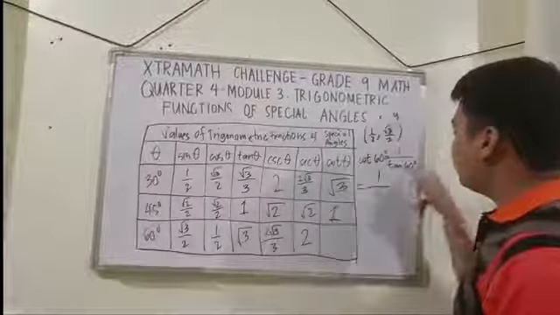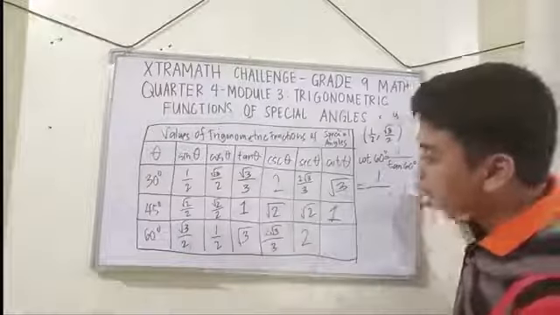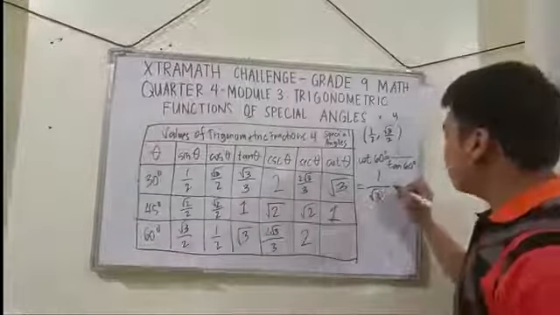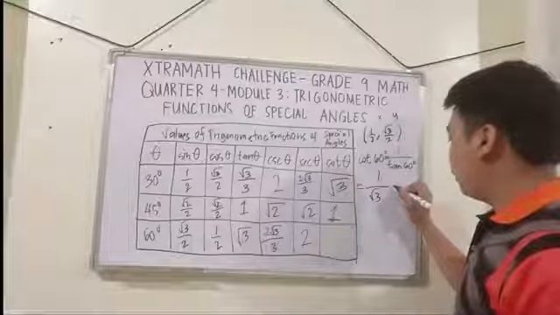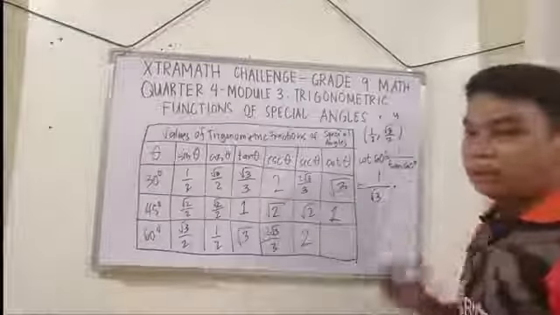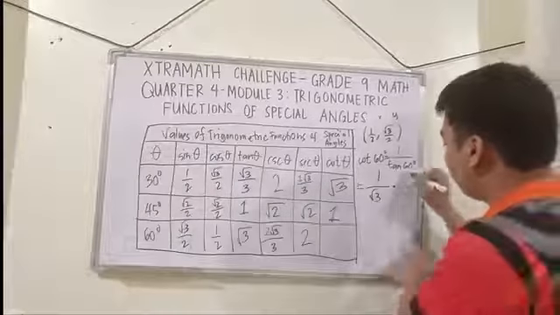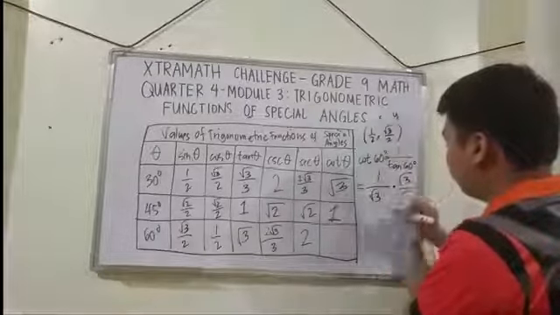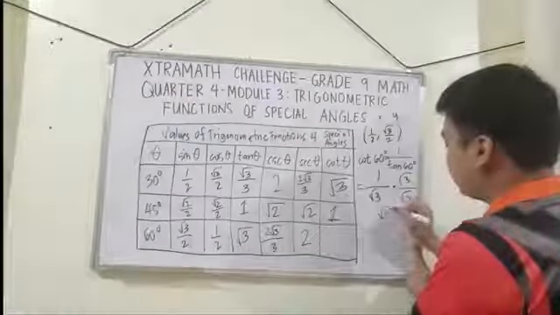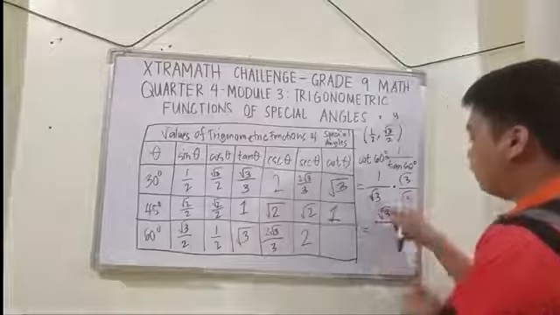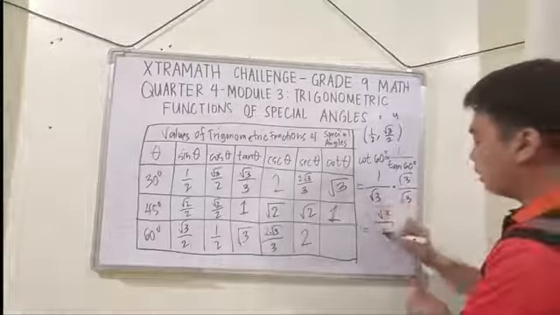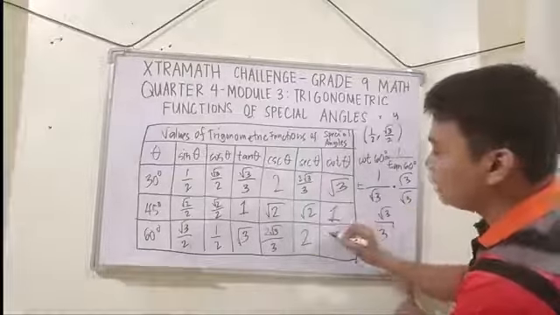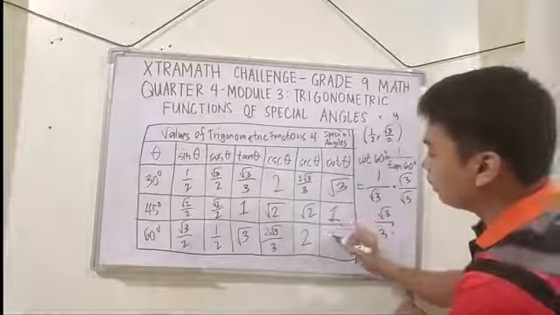Tangent of 60 degrees is equal to square root of 3. So, 1 over square root of 3, if we rationalize this, we multiply square root of 3 to the numerator and the denominator. So, we have 1 times the square root of 3 is square root of 3, and square root of 3 times square root of 3 is equal to 3. So, cotangent of 60 degrees is equal to square root of 3 over 3.